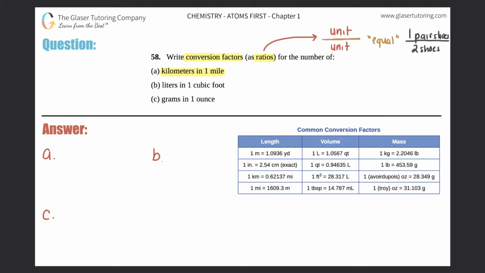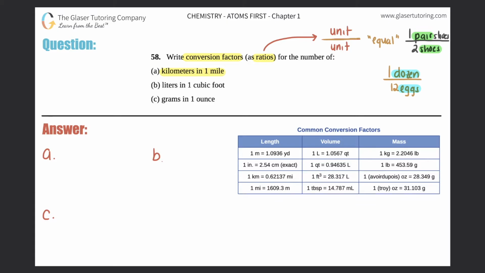You see how they're 2 different units? 1 pair is 2 shoes, but any pair is 2 of what you're talking about. 1 dozen of eggs is equal to 12 eggs. So those are your 2 different units, a dozen versus just the individual eggs in this case.